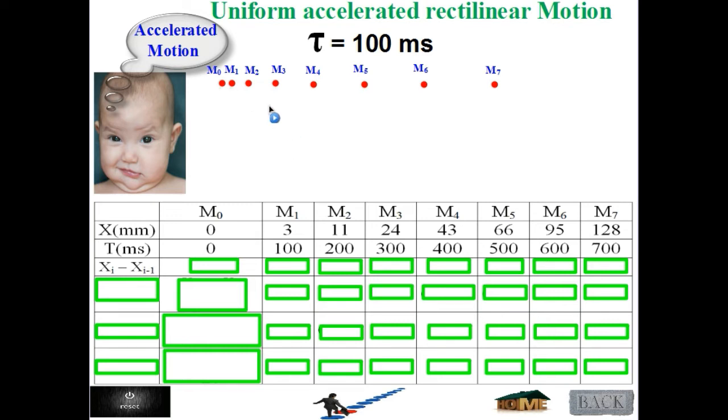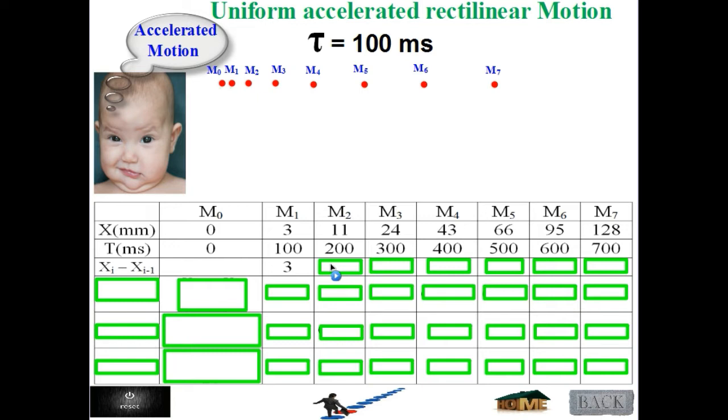Now we notice that it is increasing, the distance is increasing, and we will check the numbers. So here at M0 we cannot, since we don't have anything before M0. Then we will start from x1. So M1 here, x1 minus x0 gives me 3.